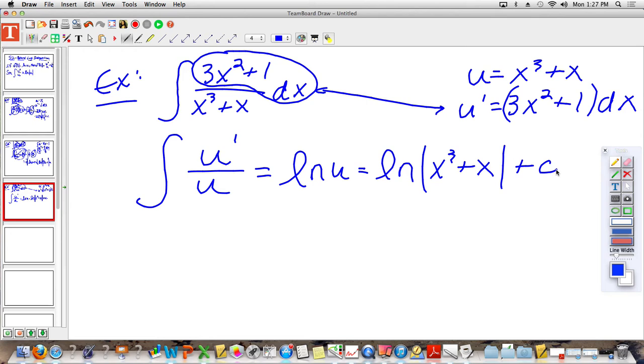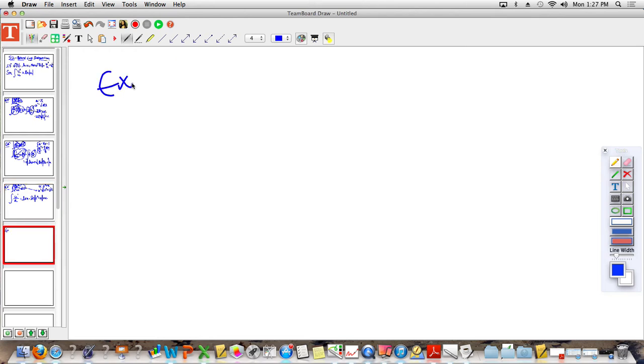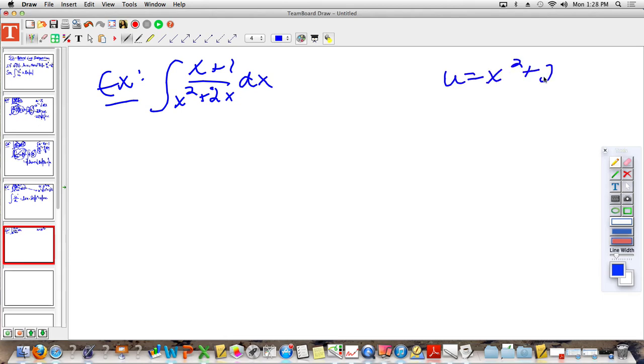Let's try this one. All right, the integral of x plus 1 over x squared plus 2x dx. What's u? x squared plus 2x. The derivative of this is going to be 2x plus 2.